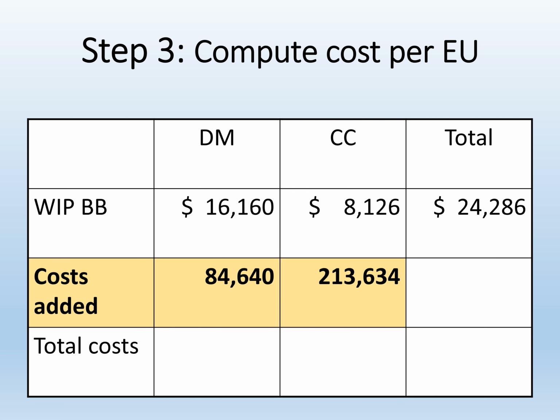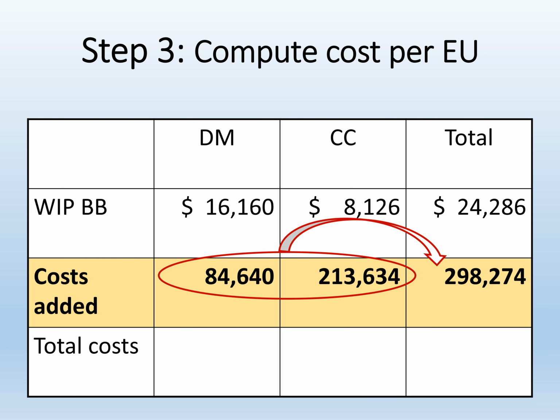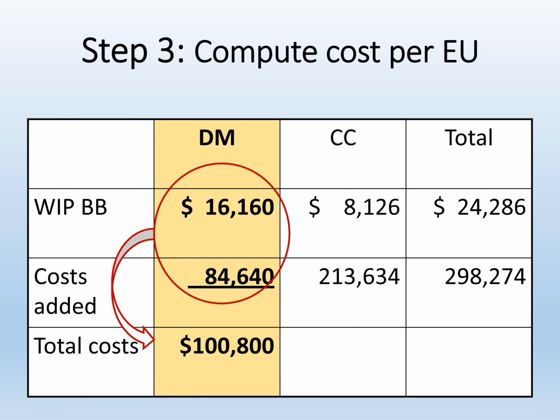We were also told the dollar value of the direct materials and conversion costs that were added during the month. And we can add those up to get the total dollar value of the costs that were added in September. Now we can add the old materials cost from the work in process beginning balance plus the new costs that were added in September to get the total direct materials cost.